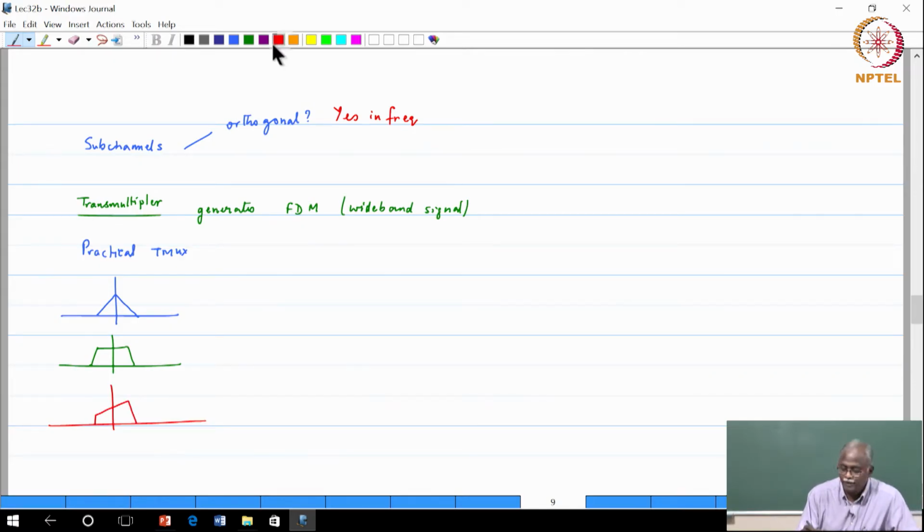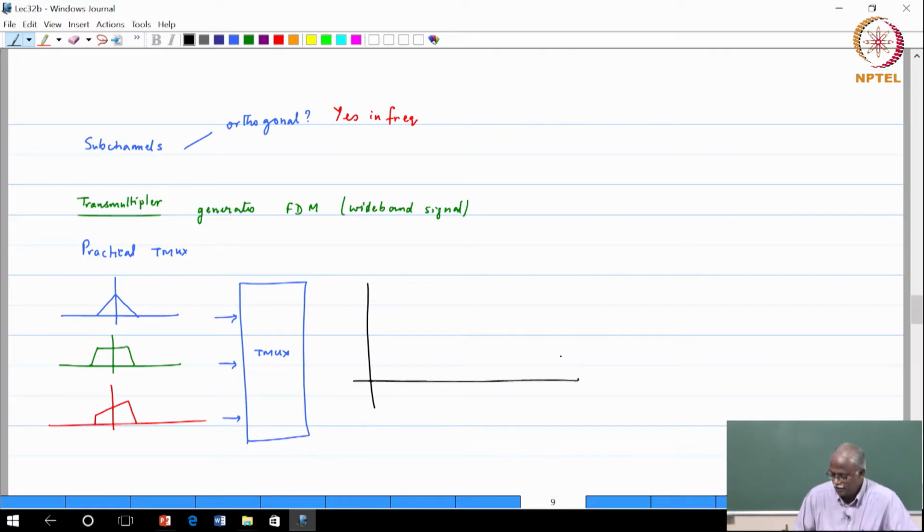The practical transmultiplexer takes these signals coming in and will generate for me a signal that looks like this. Again, these are conceptual. So, there would be the blue signal, the green signal, and then the red signal.